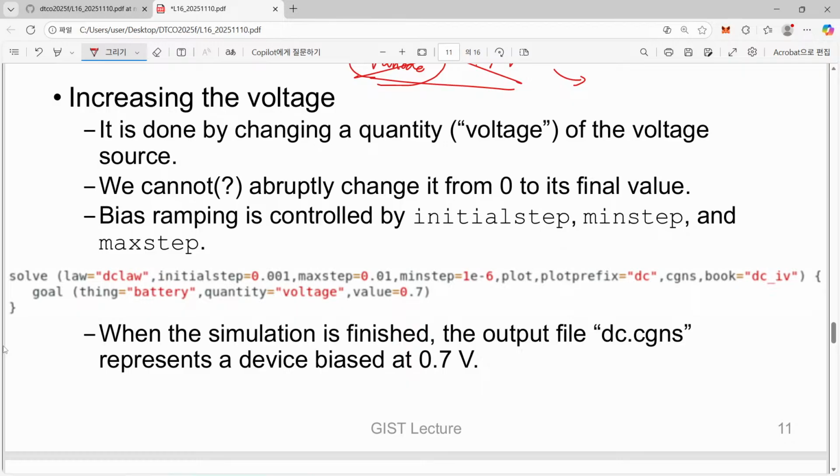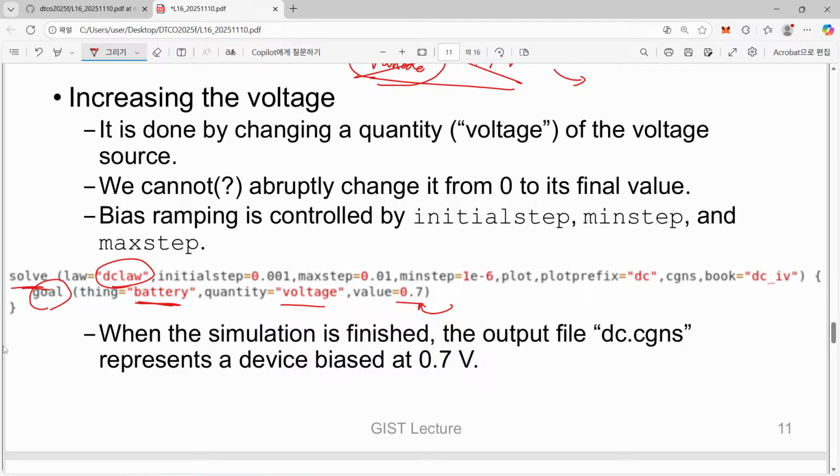So we want to solve this DC law. However, what we can do is just set a goal to be satisfied. What is the goal? The voltage source's voltage should be 0.7. Right now, it is not 0.7. Initially it was 0, but we try to make it 0.7.